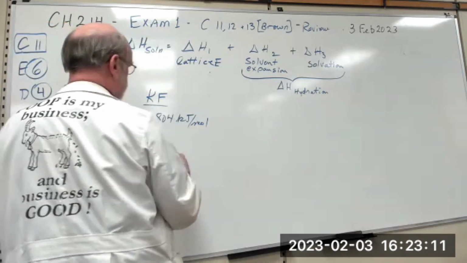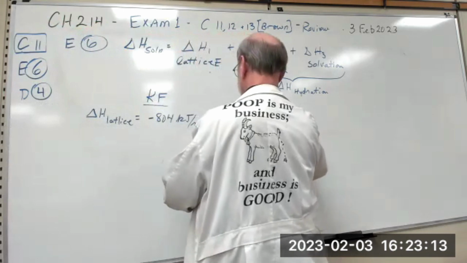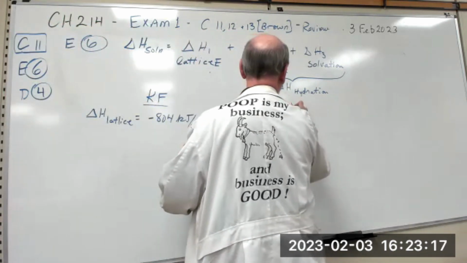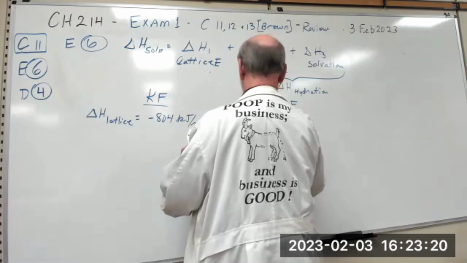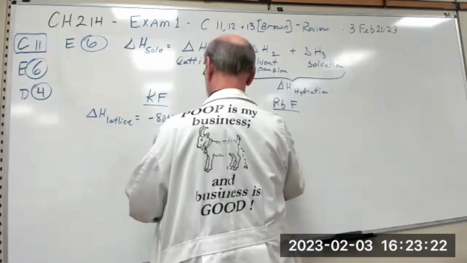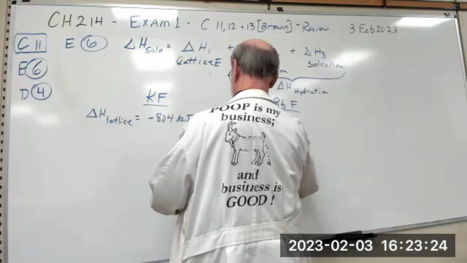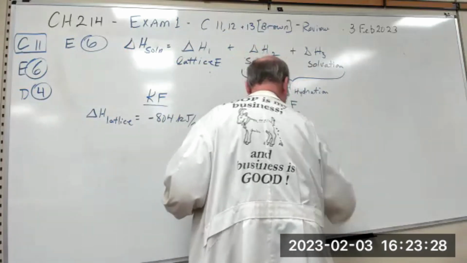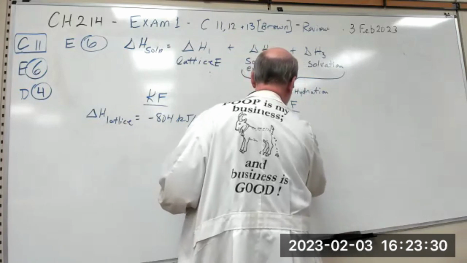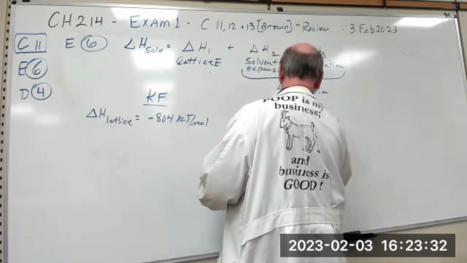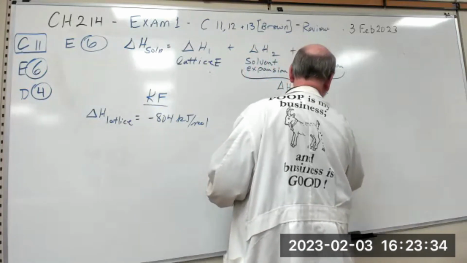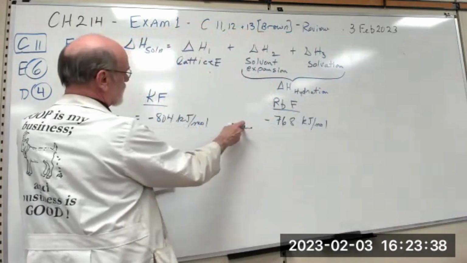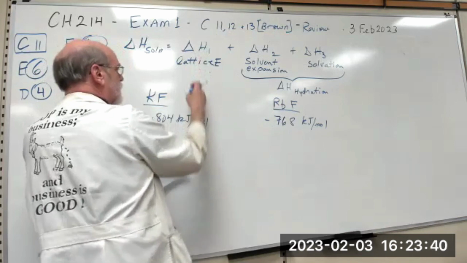And the lattice energy for rubidium fluoride is minus 768 kilojoules per mole. These would be comparison in that position right there.